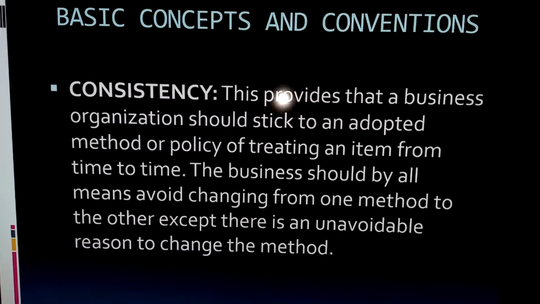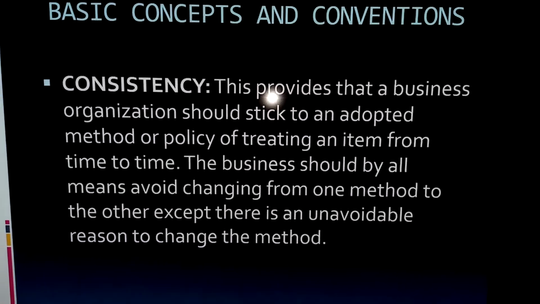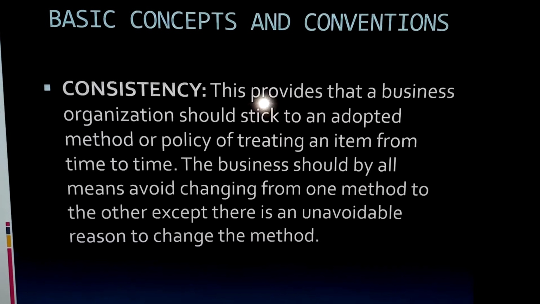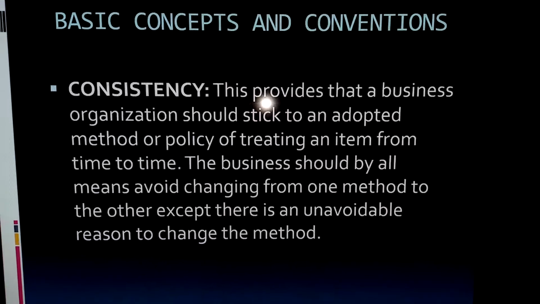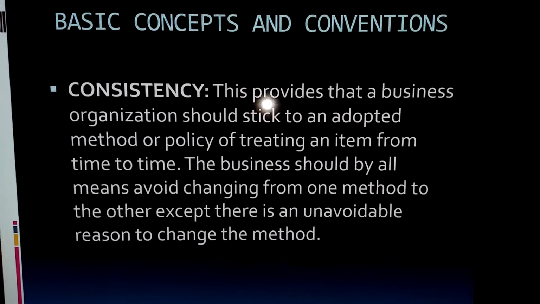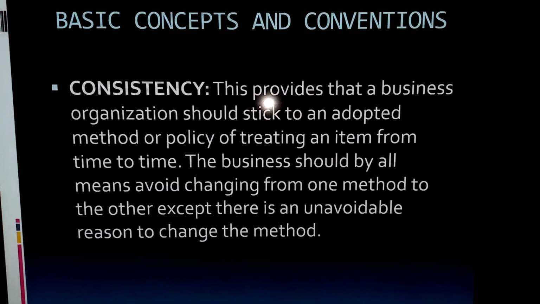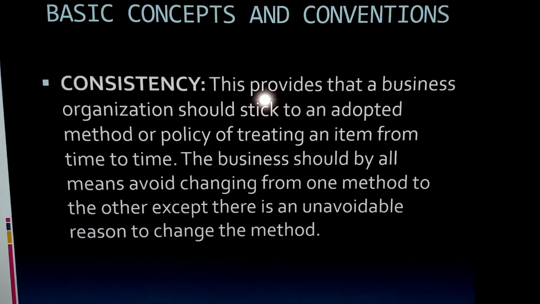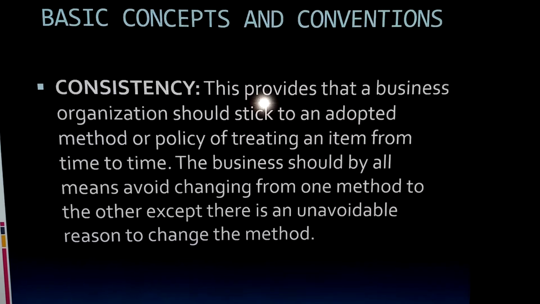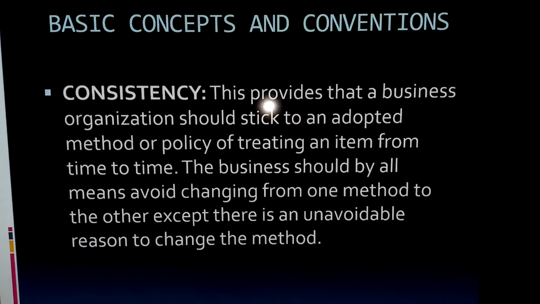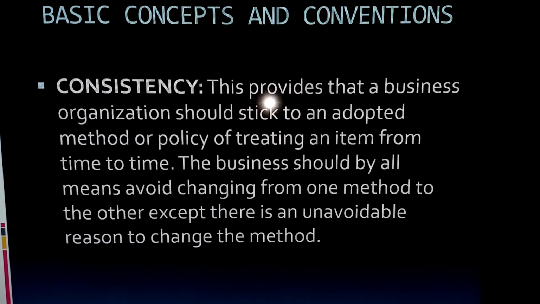Now, this is consistency. So what we're saying is that if you are adopting a particular method or a particular policy for treating an item, you should be able to stick to that method from time to time. You don't change from one method this year and then use another method next year. It is contrary to the consistency approach of reporting.